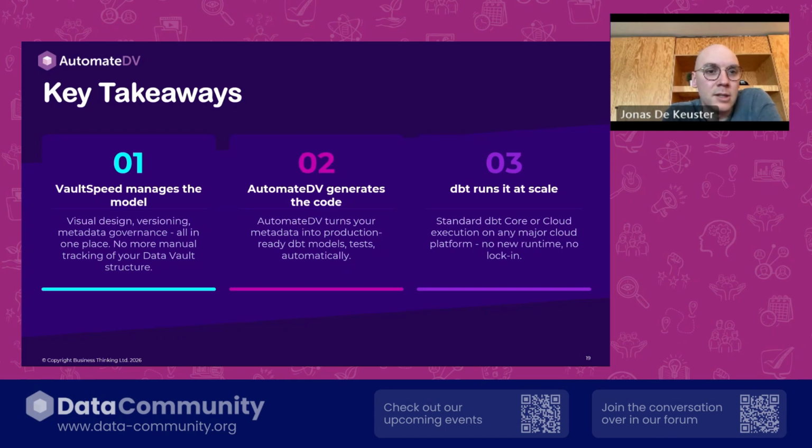So whether it's DBT Cloud, the one which Alex demoed, or DBT Core, or the Snowflake DBT project implementation, you could run it anywhere, right? And you can run it at scale. So that's the whole point. This was just a small banking demo data vault, but as Alex explained, complexity adds up quite quickly and quite easily. So with this end-to-end flow, we want to try and help everyone to make that a bit easier.